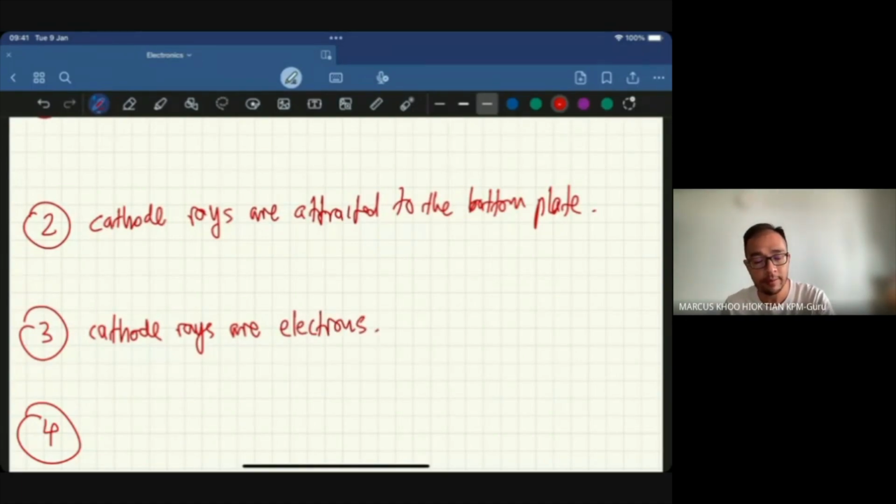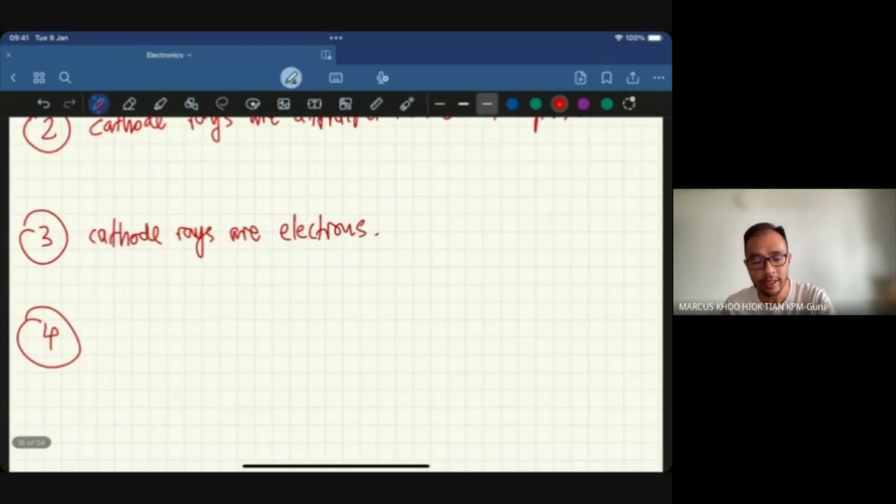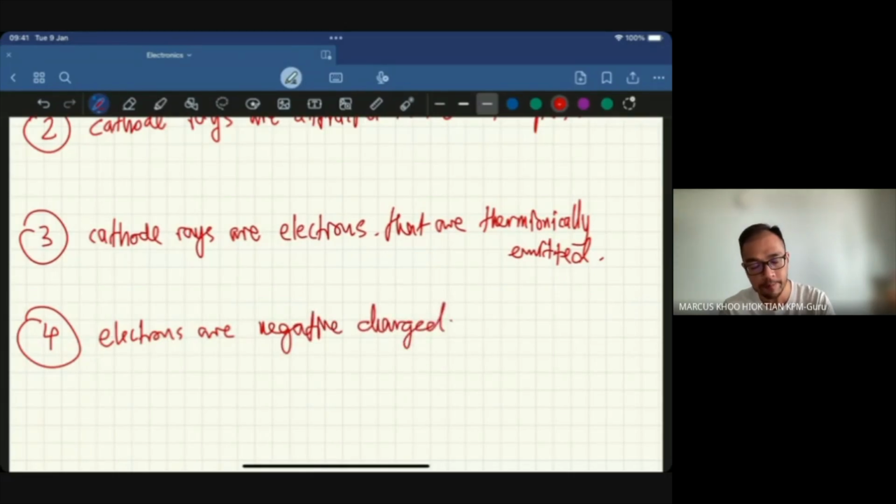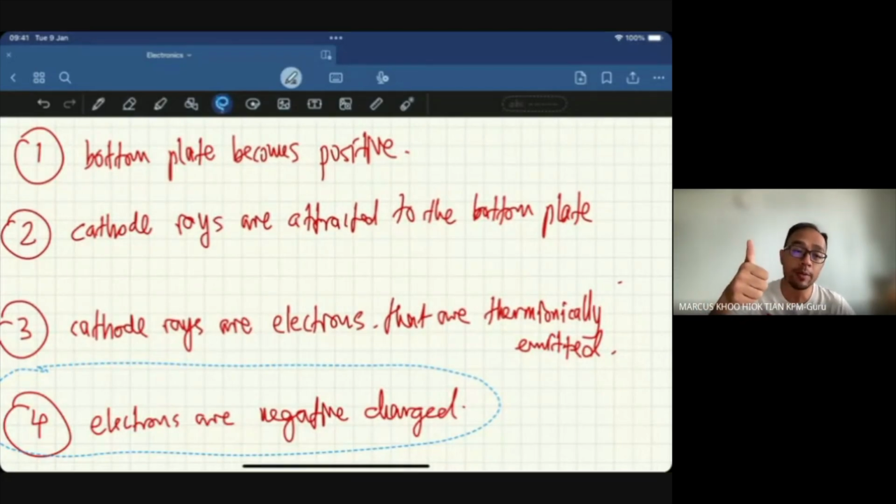Okay. Cathode rays are electrons that are thermionically emitted. It's a very strange word. And because of that, electrons are negatively charged. Okay, the bottom plate becomes positive.